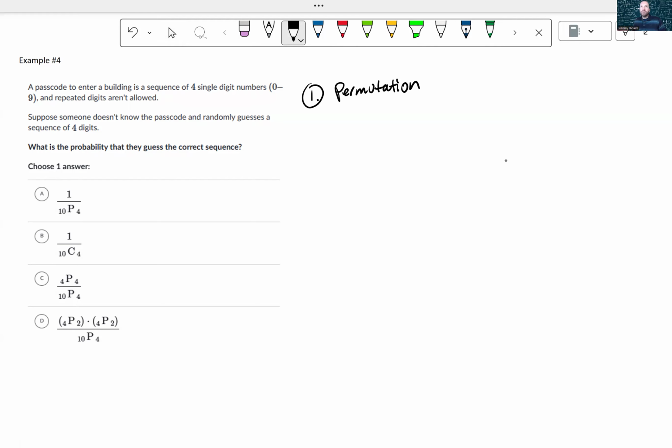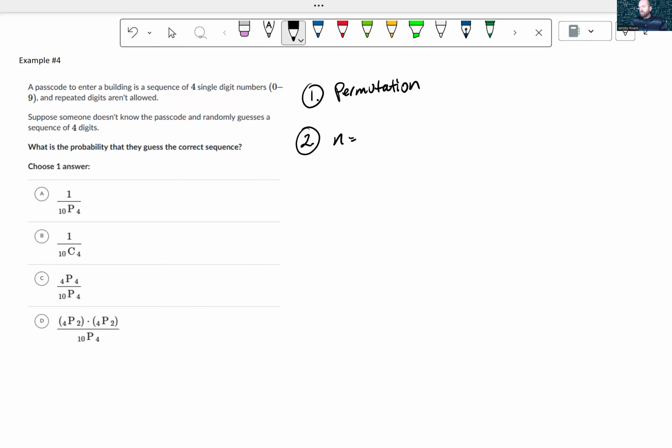So this passcode in the building is a 4-digit passcode. You can use numbers 0 through 9, and repeated digits are not allowed. It says, suppose someone doesn't know the passcode and randomly guesses a sequence of 4 digits. So first, let's figure out what n is.